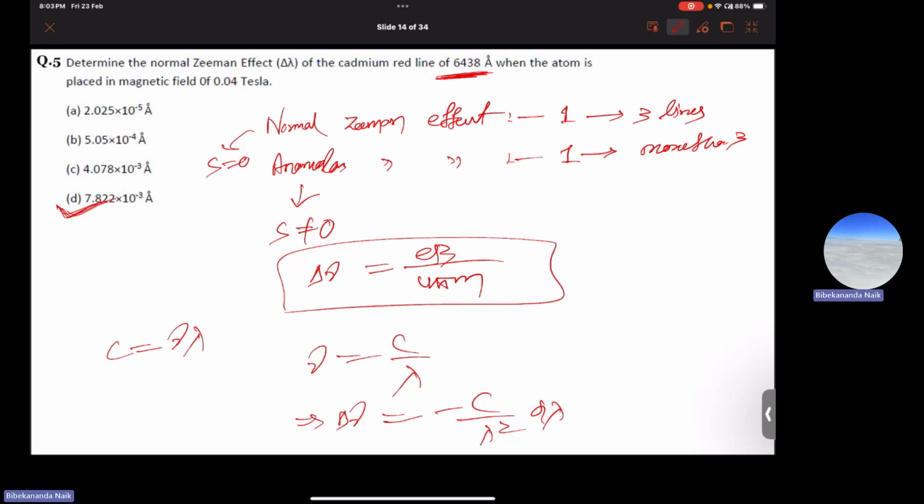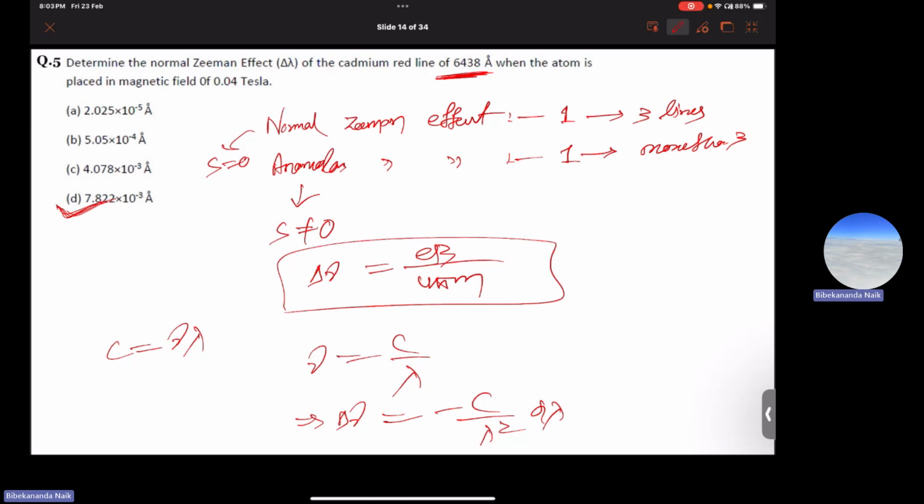So we have the orbital magnetic dipole moment corresponding to orbital motion, and the spin magnetic dipole moment corresponding to spin motion of the electron. We also have the quantum numbers associated with it. If we place the atom or the dipole in an external magnetic field, then there will be a magnetic interaction energy, which depends upon B vector dot mu vector.